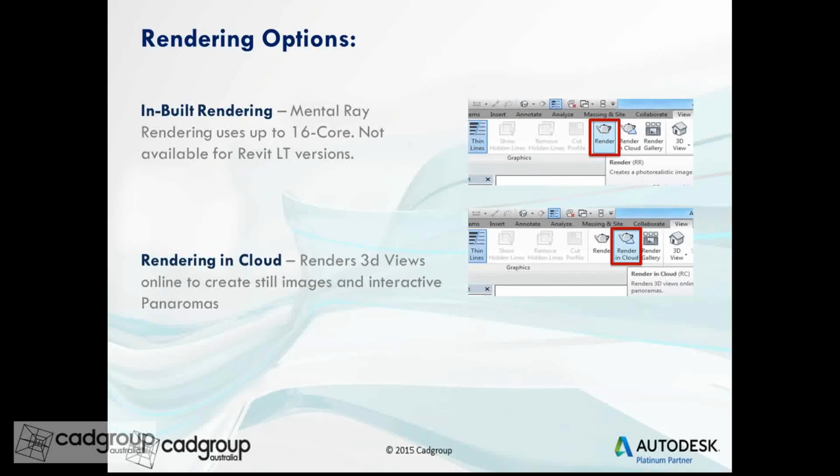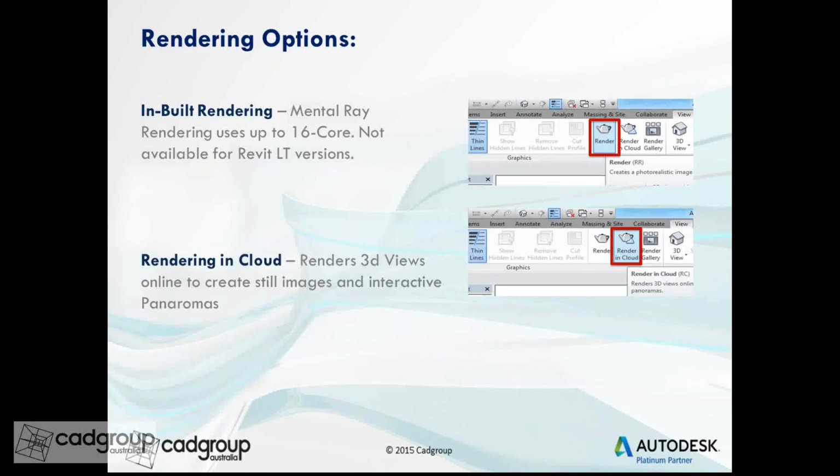Now, moving to the next slide, we'll be talking about some of the rendering options available with Revit. There are two options available for rendering in Revit 2015. The in-built rendering system is a technology from Mental Ray.